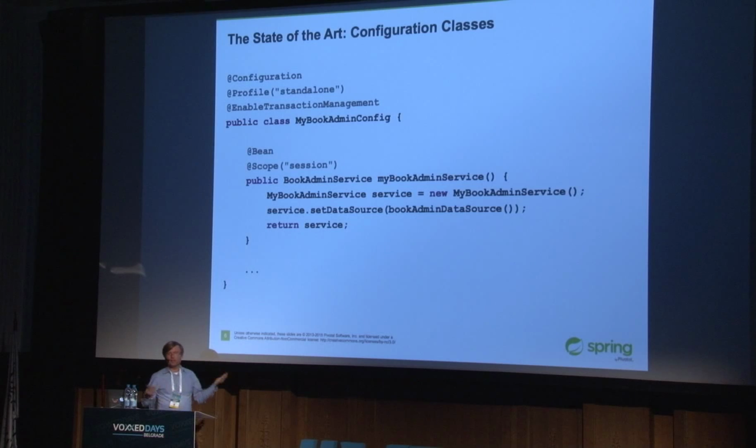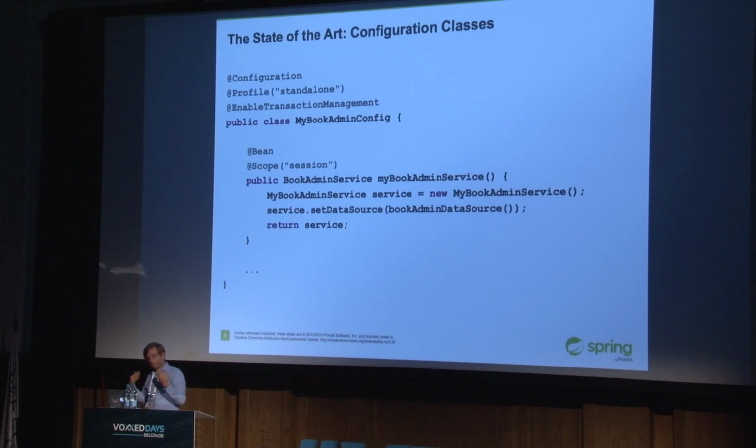And @Profile is a very simple kind of string condition. There's a profile set up on startup, typically a system property. And if that system property is marked as standalone, if one of the active profiles is named standalone, then and only then this configuration class is going to be registered. Otherwise, it's going to be skipped.